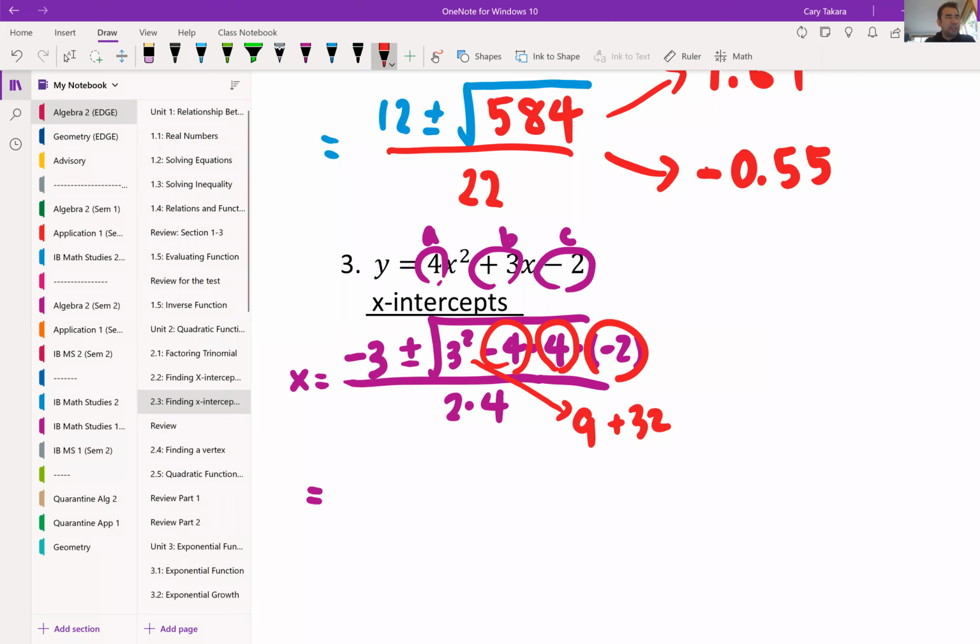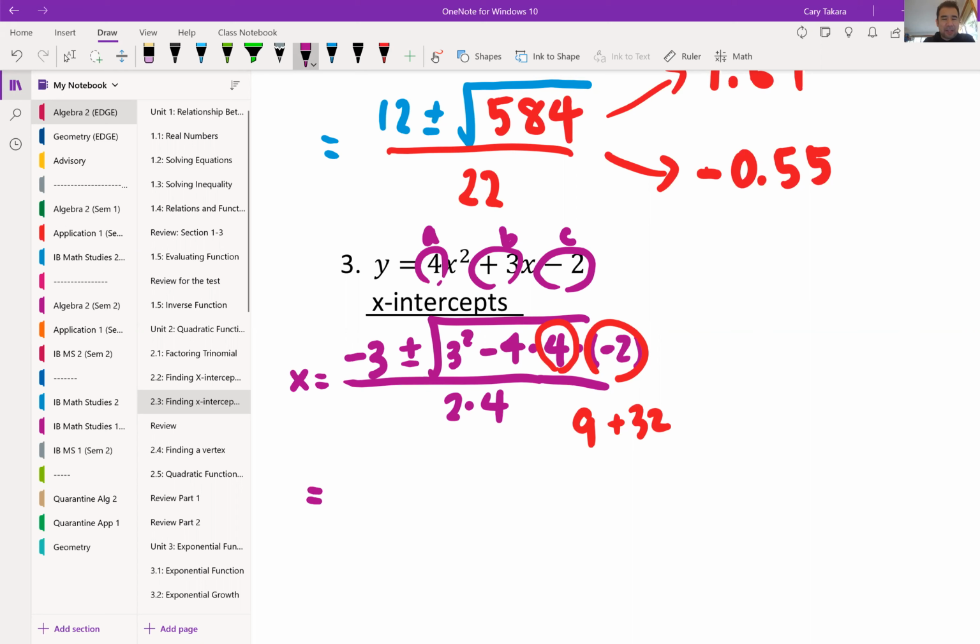That would eliminate lots and lots of mistakes. It's because of this stinking negative right here. That's why lots of students that I've seen before have had trouble. Some students are using that negative sign twice.